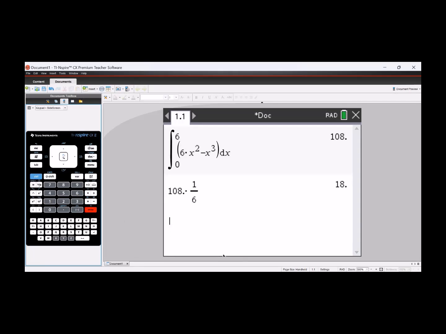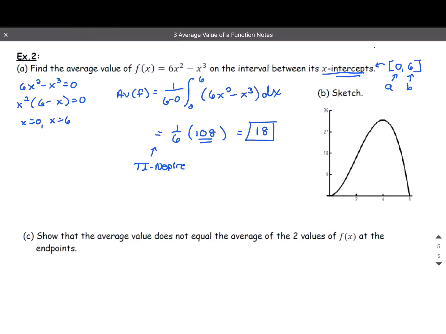There we go. Okay, so now we're going to sketch what this average value means. So we're going to find where the height is 18, and we're going from the interval from 0 to 6. Now this rectangle has the same area as the definite integral. That's what it means, that the area of this rectangle is 108.